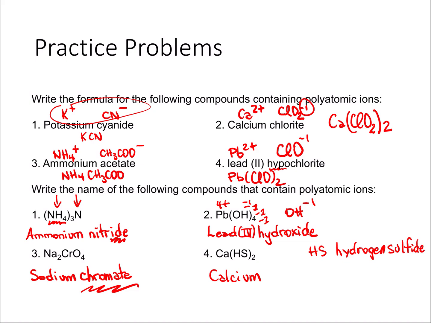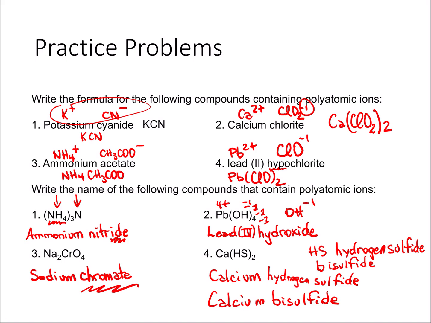But because it's had various names, you might hear HS sometimes being called bisulfide. So calcium hydrogen sulfide, or, if you're rocking it old school, calcium bisulfide. Both the names are acceptable. It's like people haven't made up their minds.